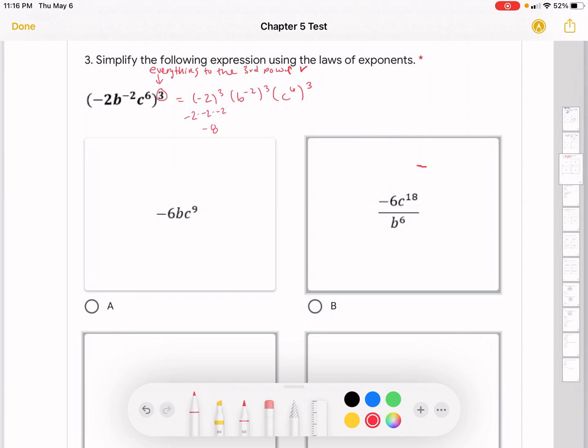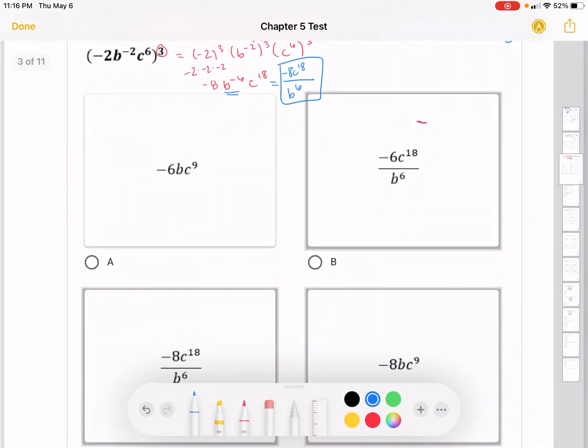And then when you have an exponent of an exponent, you multiply. So negative 2 times 3 would be b to the negative 6. And then 6 times 3 would be 18. Again, we don't want negative exponents, so we're going to write this as a fraction, and the b would move to the denominator to become positive. So that would be answer choice C.